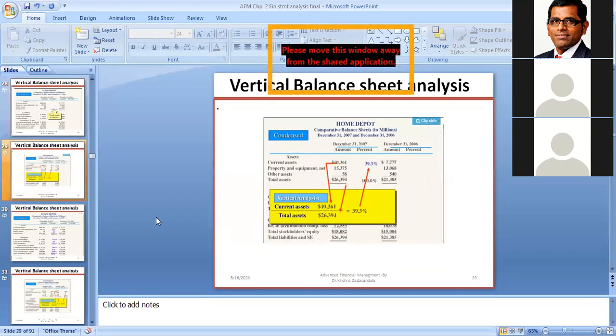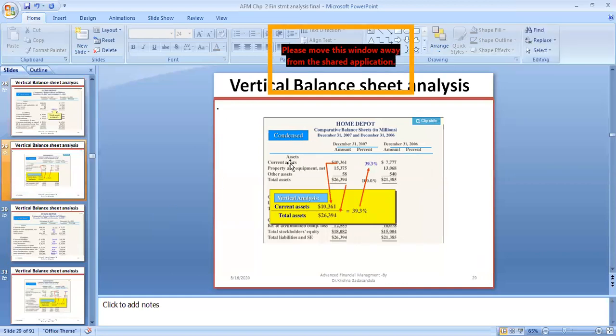So see, same calculation. Total assets has been taken as 100%.